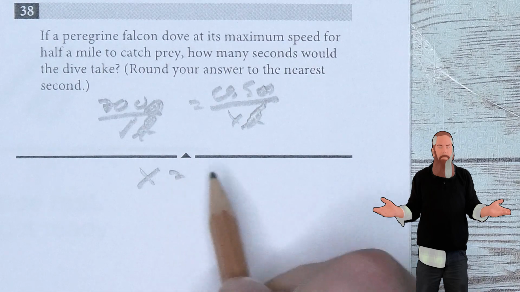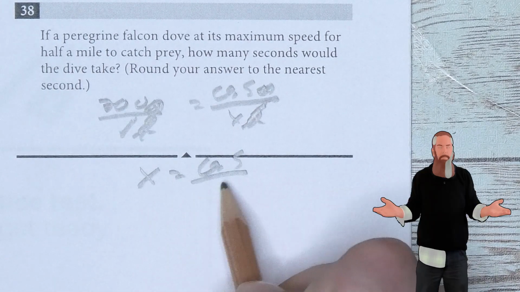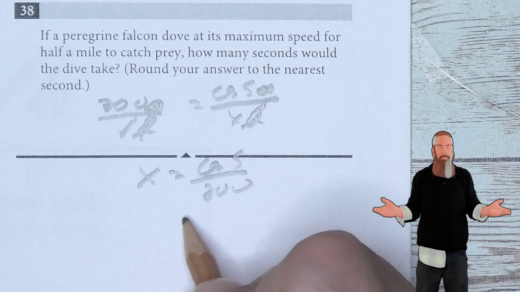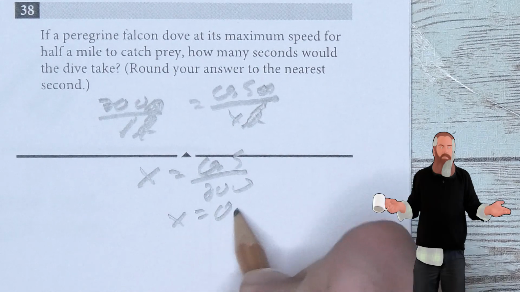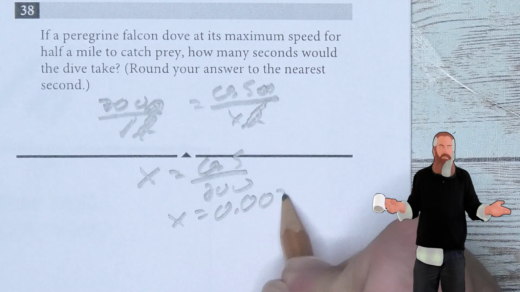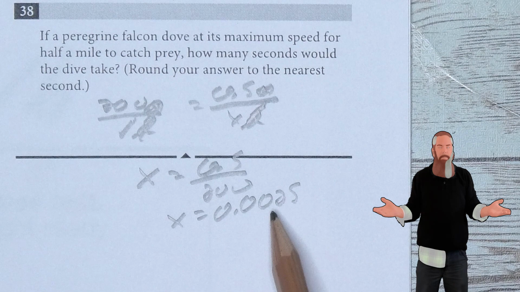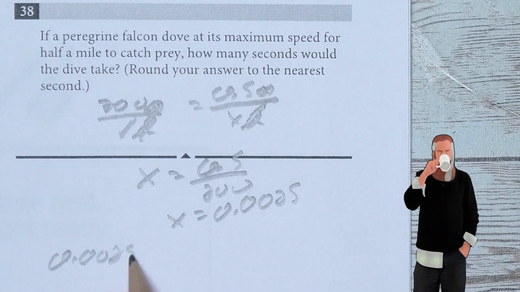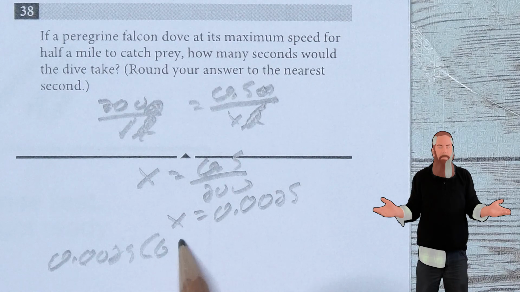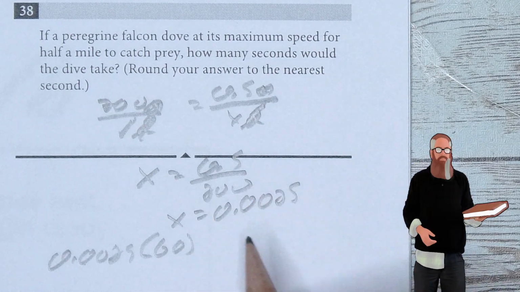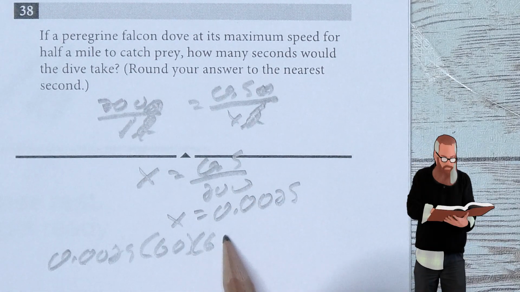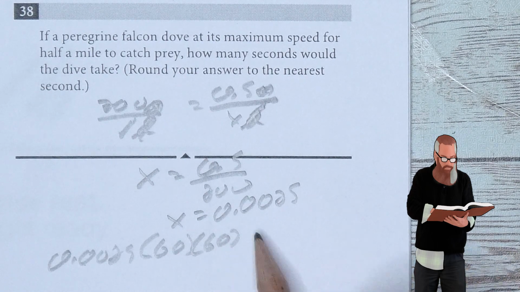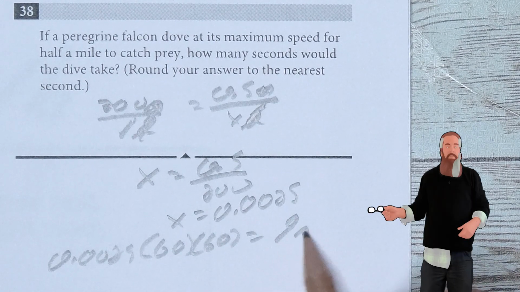This means that x would be equal to 0.5 divided by 200, giving us that x is 0.0025. Now, this is a per hour number, so we're going to take that 0.0025 and multiply it by the number of minutes in an hour and the number of seconds in a minute. This is going to give us 9 seconds.